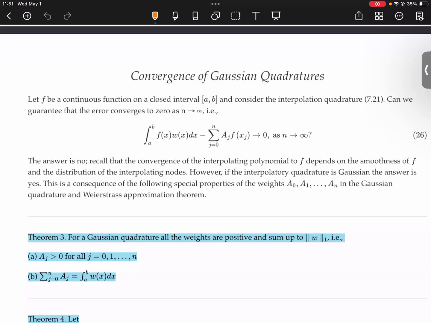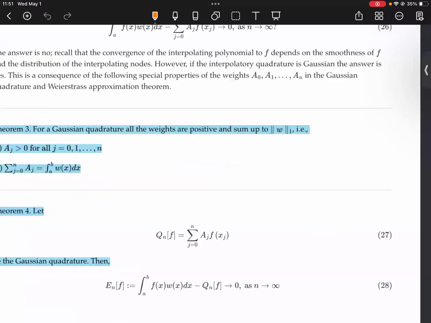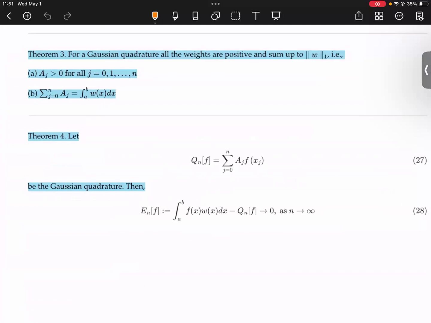This property says that the summation of the coefficients equals the integration of the weight function. This is not quite important, and I'm going to skip this part. So that's all.